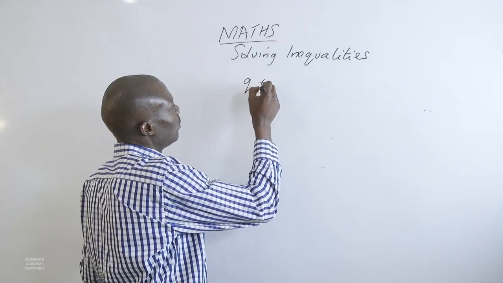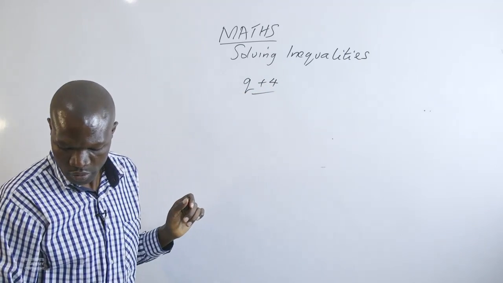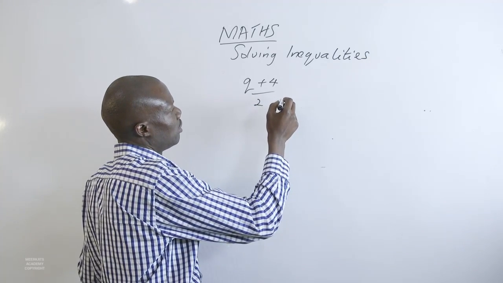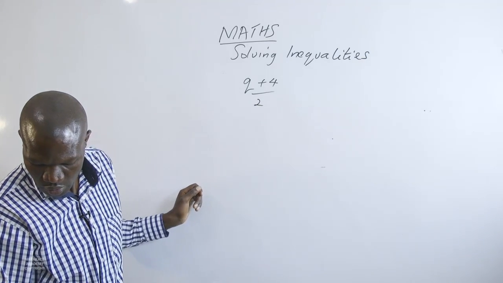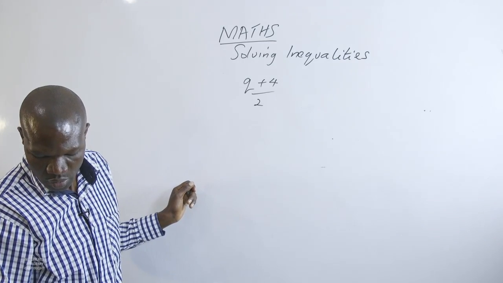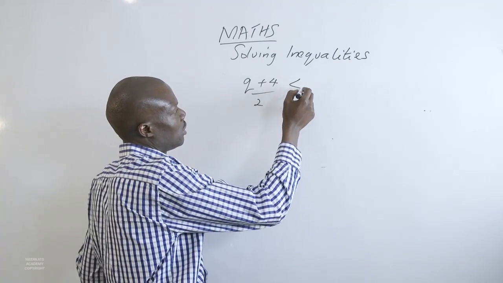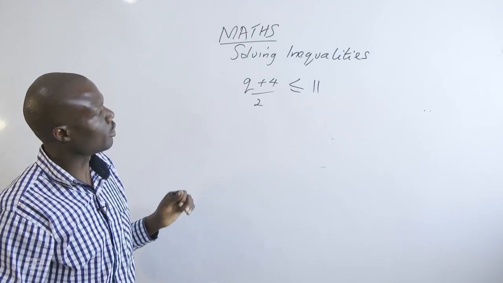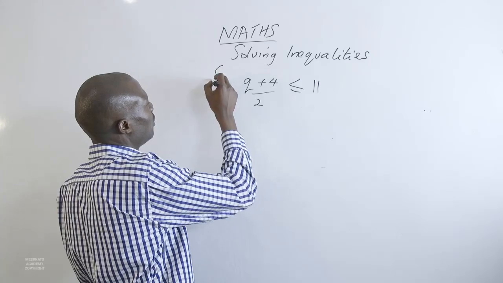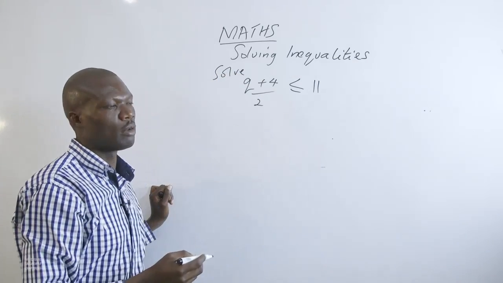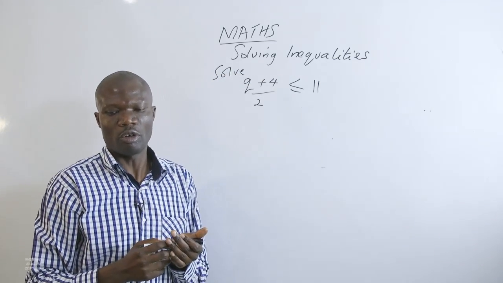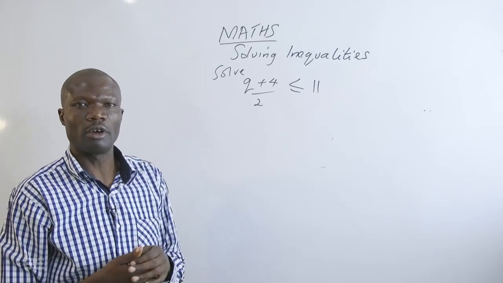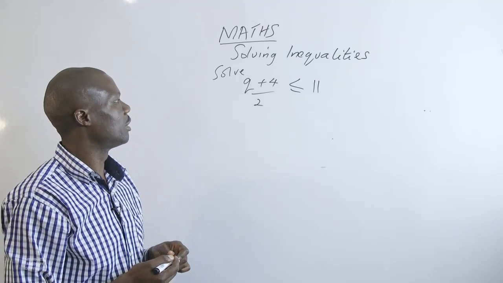Solve q plus 4 over 2 is less than or equal to 11.